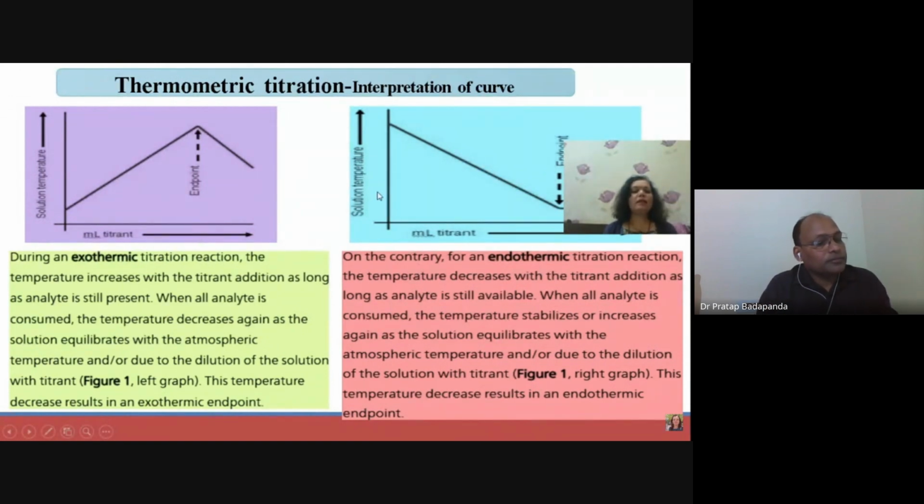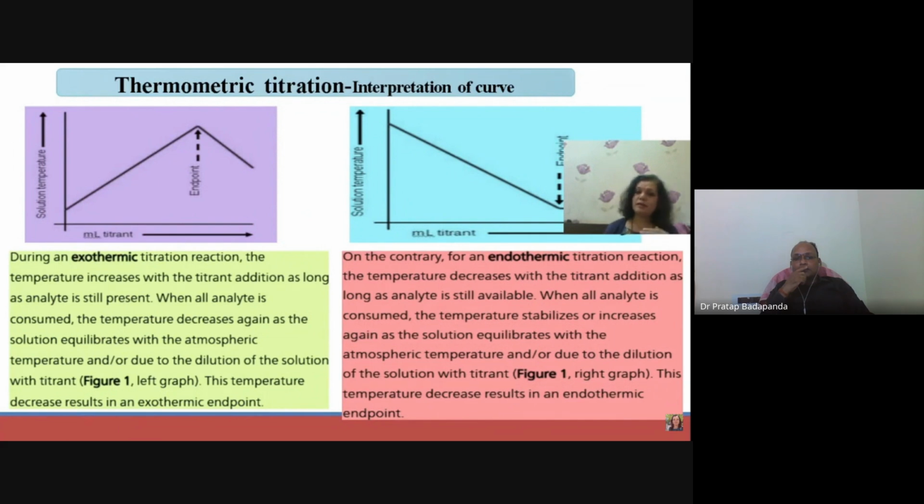Similarly, when I am performing any titration where the data obtained is plotted in the same way as change in temperature versus ml of titrant added, and if it shows a decrease in temperature for every addition of titrant from the burette to the analyte, then it will be a pattern of an endothermic reaction, where a decrease in temperature is observed, and this decrease is observed till my analyte is there in the conical flask, which will react with the titrant from the burette.